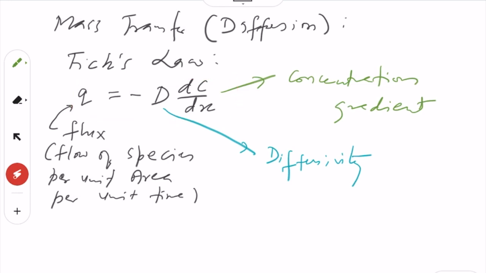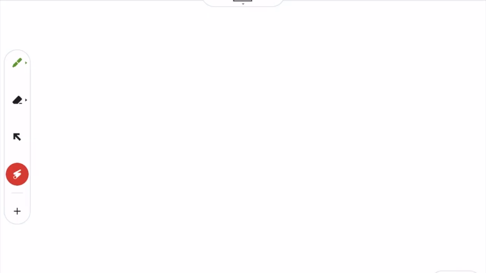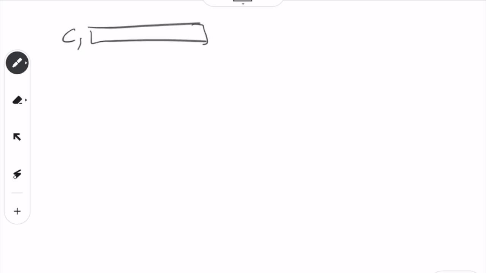Looking at it, you can actually derive this. How will you derive? Here also we can have C1 here and C2 here. Let's say concentration C2 is greater than C1. Then you know the diffusion happens from the higher concentration to the lower concentration.